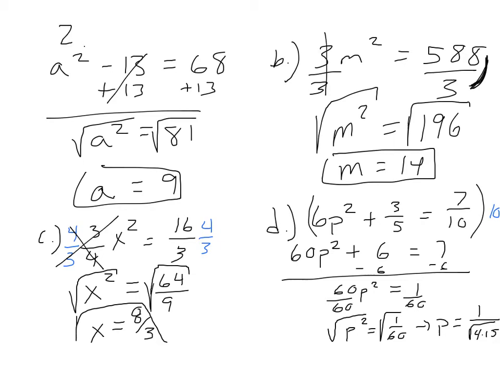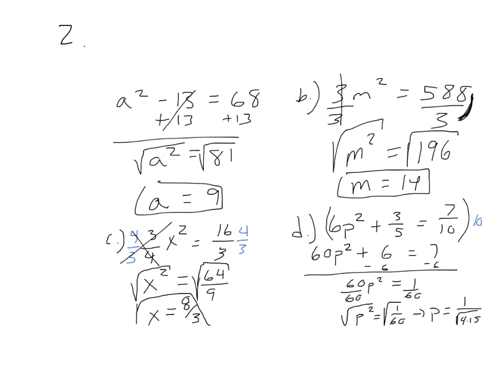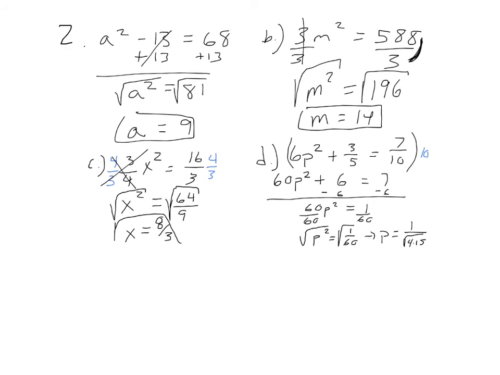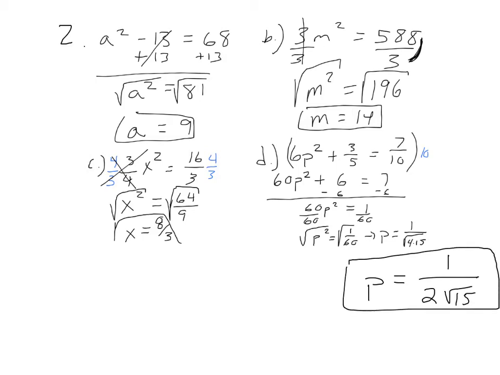Let's write this so we can read it. Okay. And we've got, so p is equal to 1 over, the square root of 4 is 2, and the square root of 15, I don't know. So this is actually your final answer.